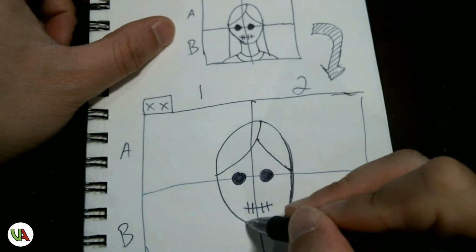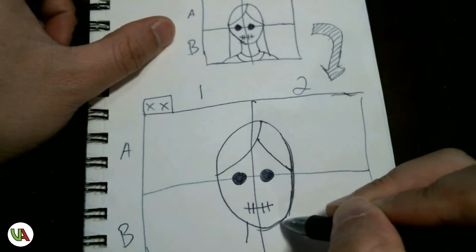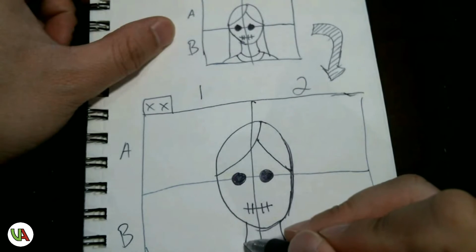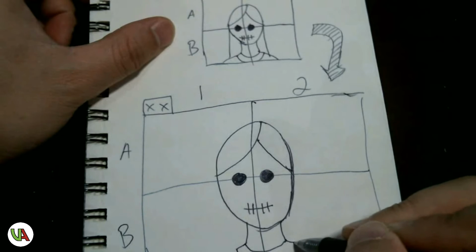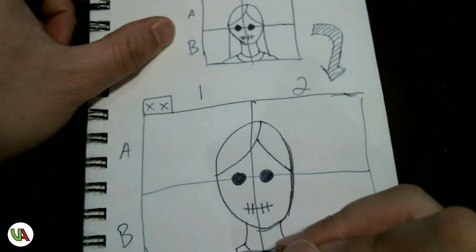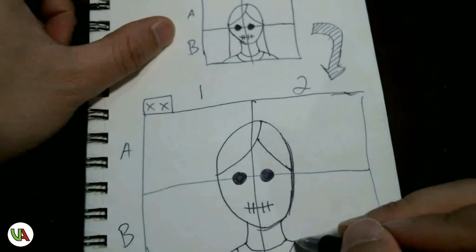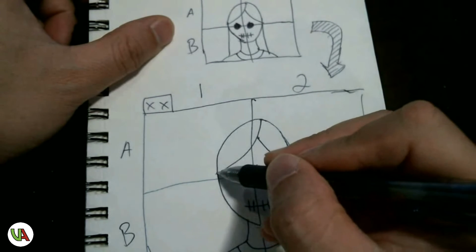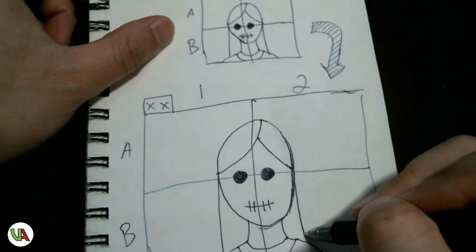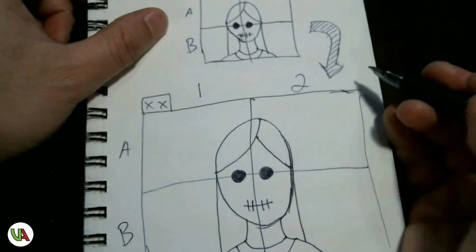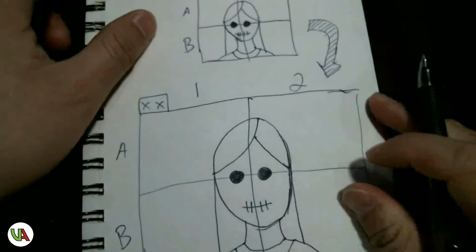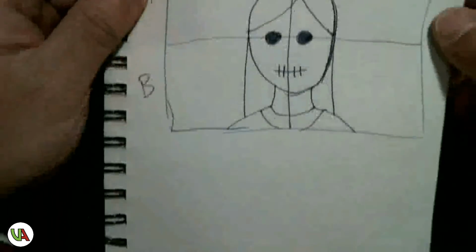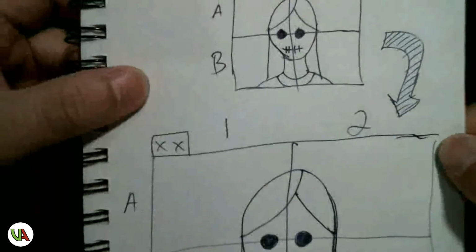Neck, like this. And then it just goes straight down, like that. So that's pretty much it. That's how you transfer from one to the other using the grid style.